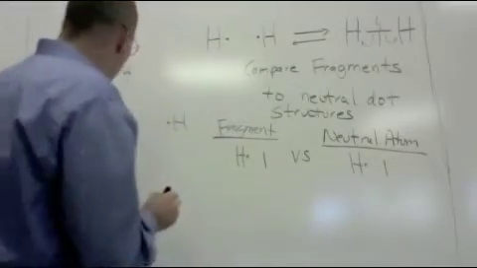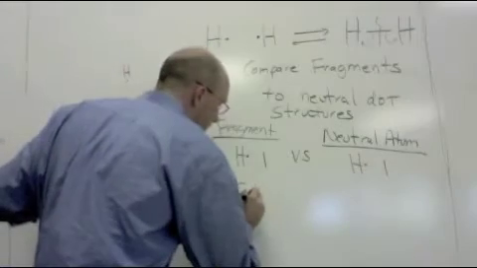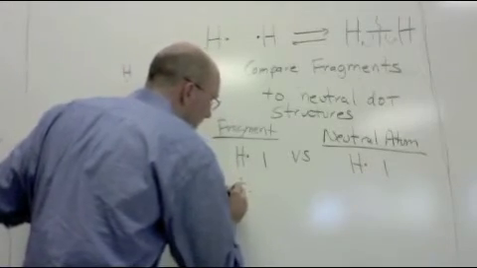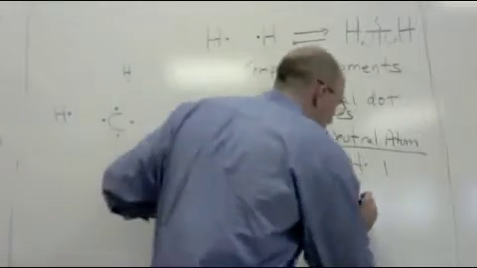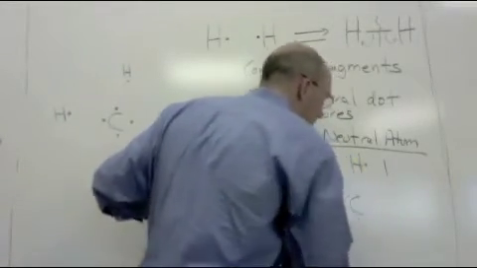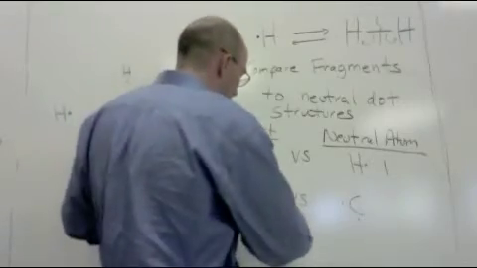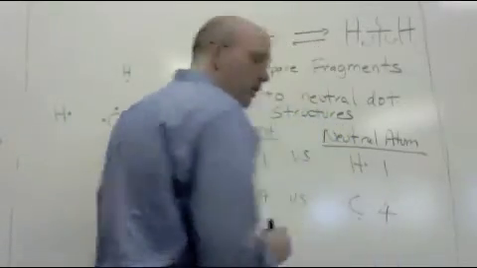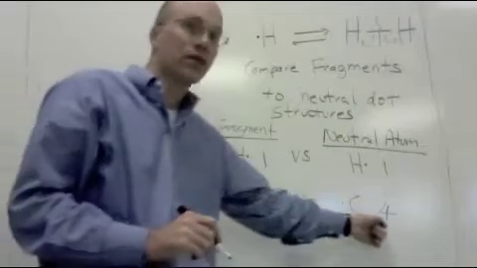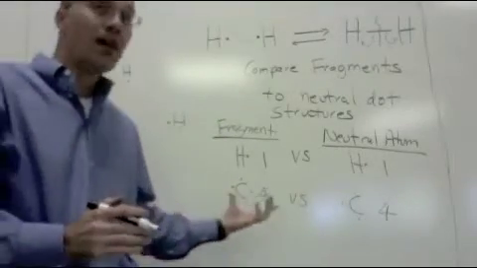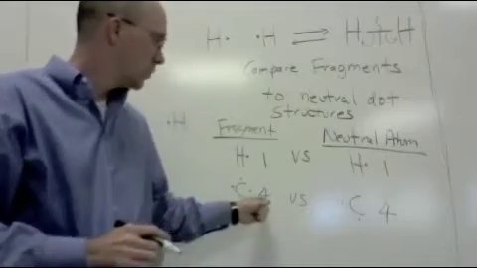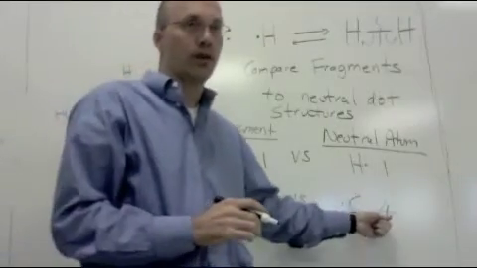Compare this carbon fragment versus neutral carbon, which has got 4. So 4 versus 4, that carbon is neutral as well. The times when you're going to have charge is when this number is not equal to this number.